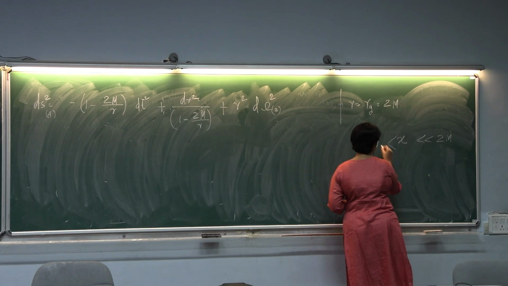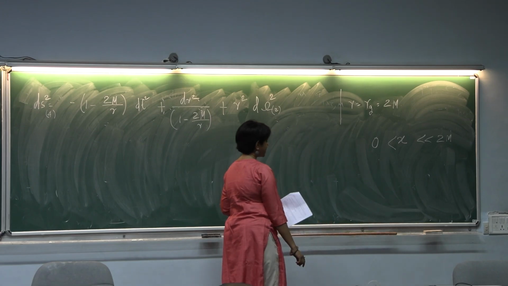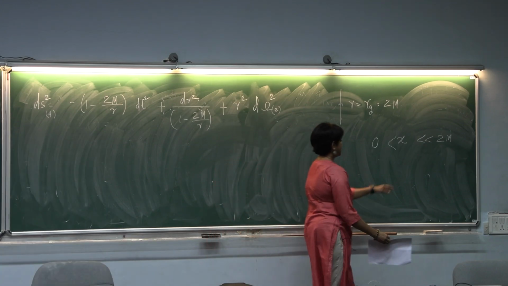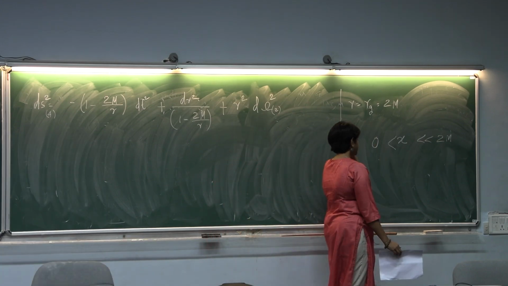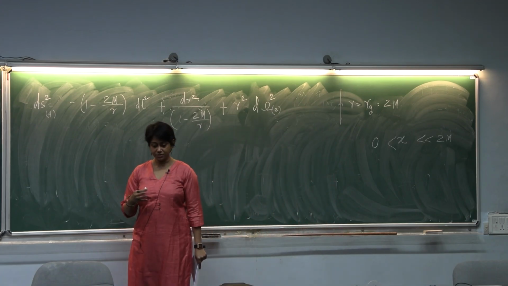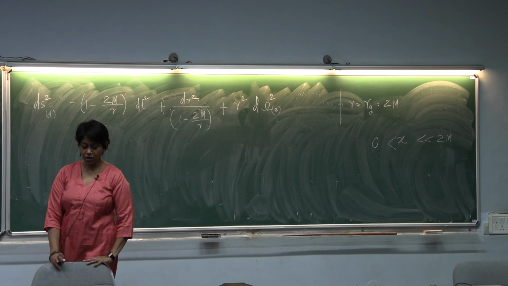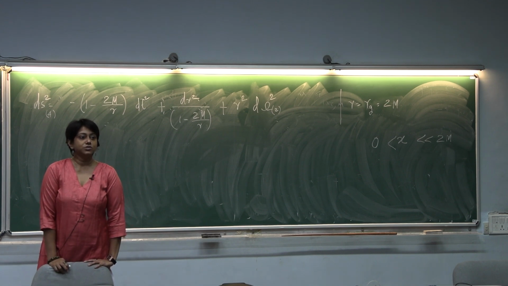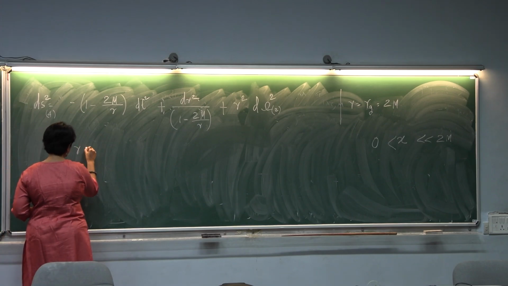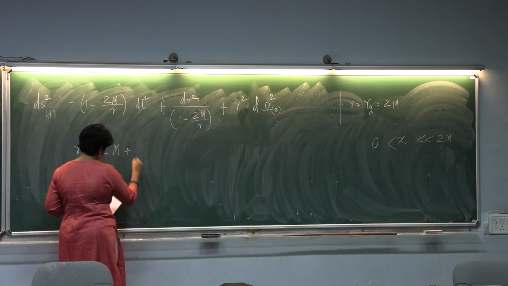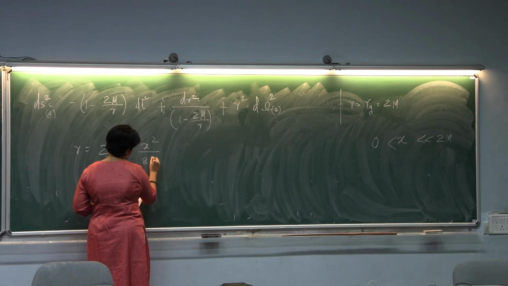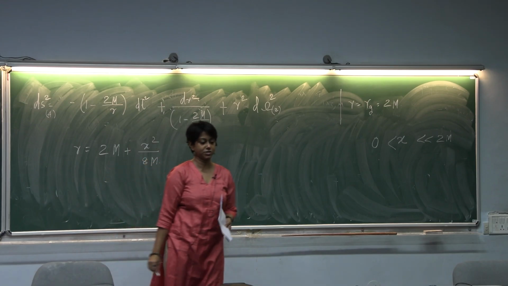So this is how we take the near event horizon distance, following this limit. With this, I can redefine my radial coordinate r in terms of x. I am writing r equals twice m plus x squared over 8m. This is how I am taking this redefinition.